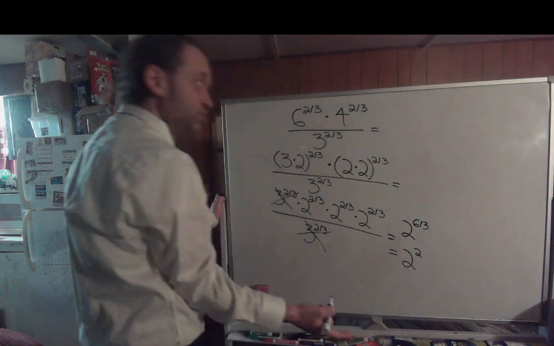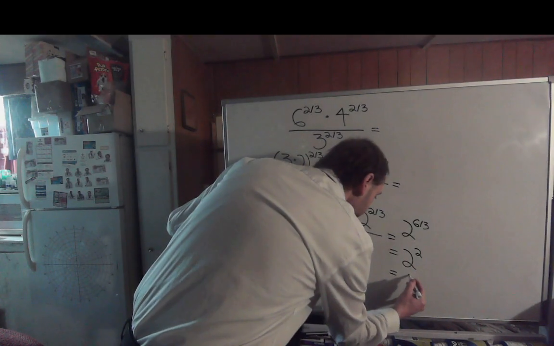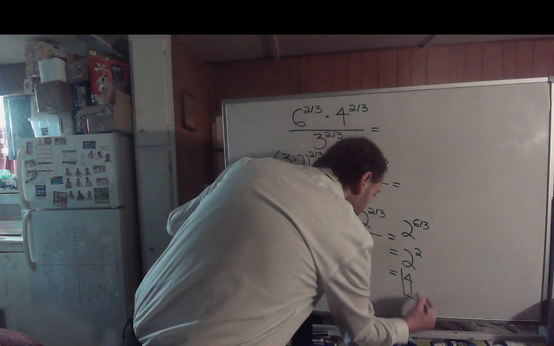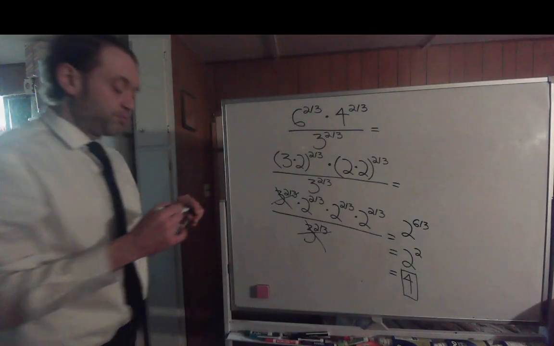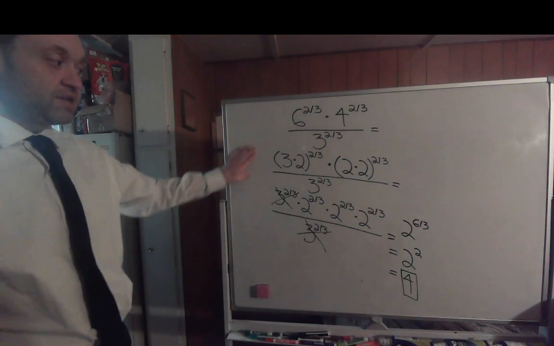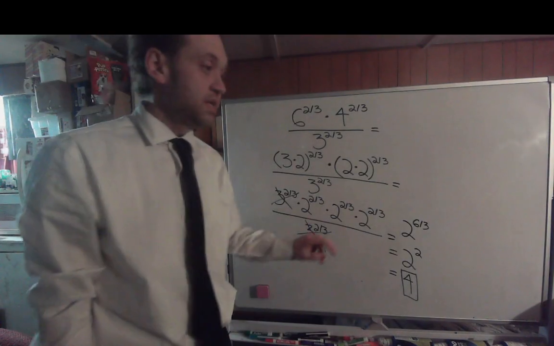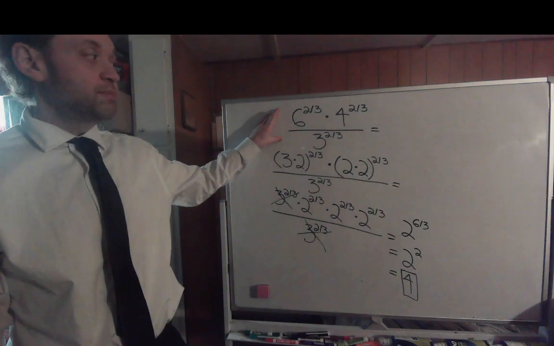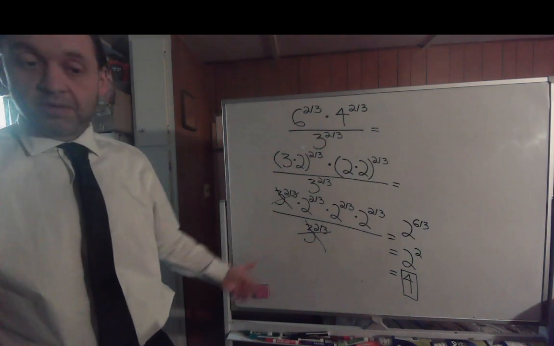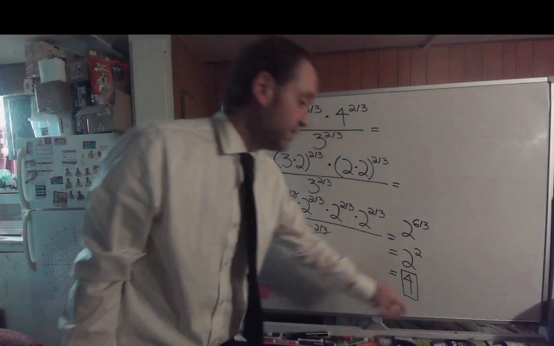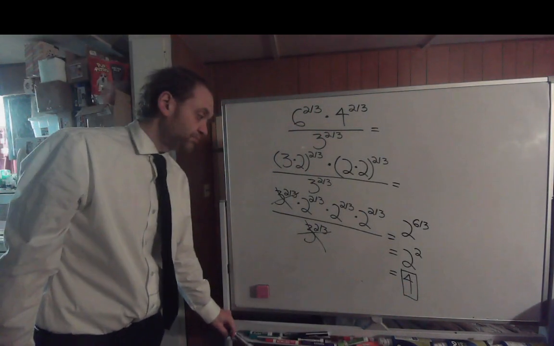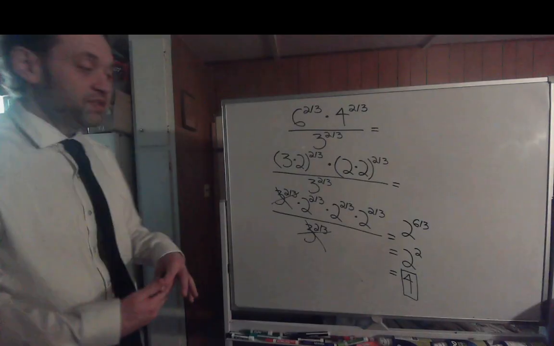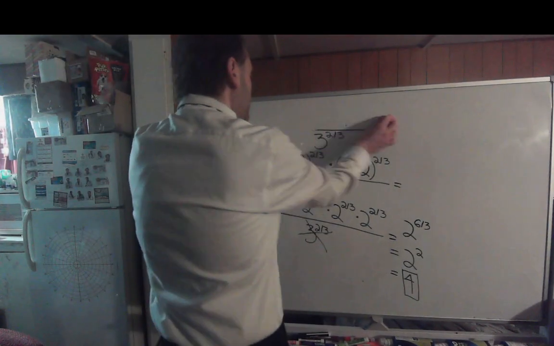So you should end up getting 2 to the 2nd power, which would give you 4. This is why understanding properties of exponents and how to separate them is so important. Because even though you may not have the exact same base, you can break them down into products of the same base, which would end up giving you 4 for your answer. I think it's actually pretty neat that you can do that.